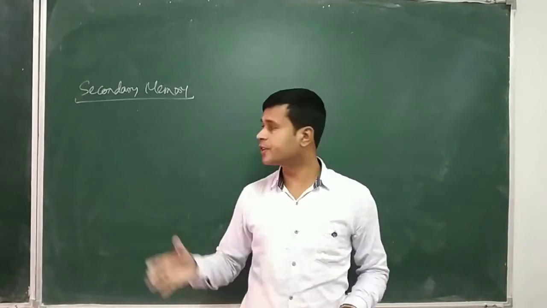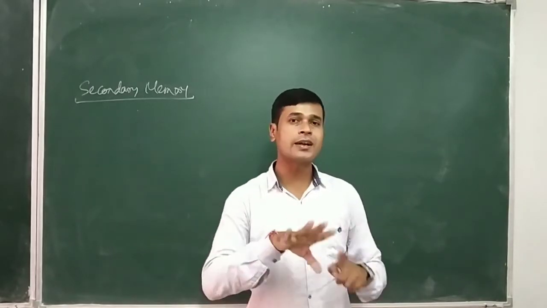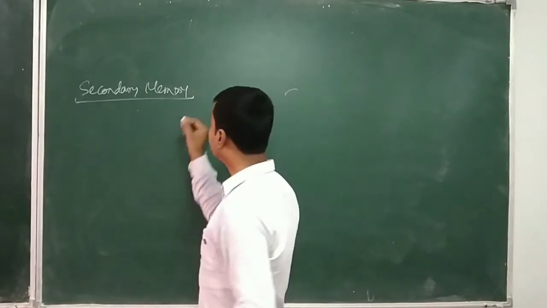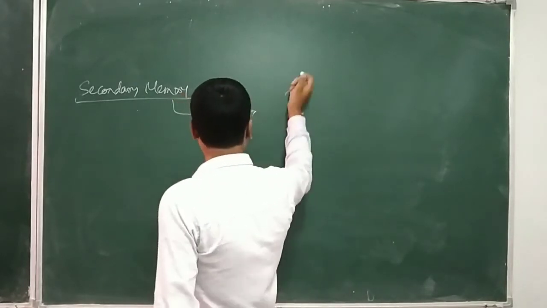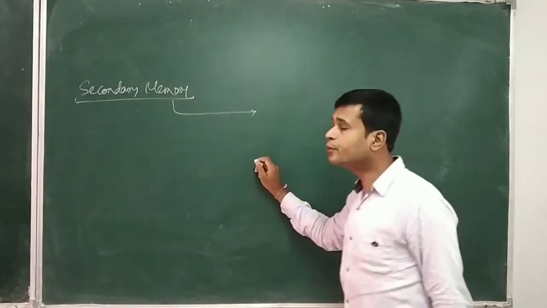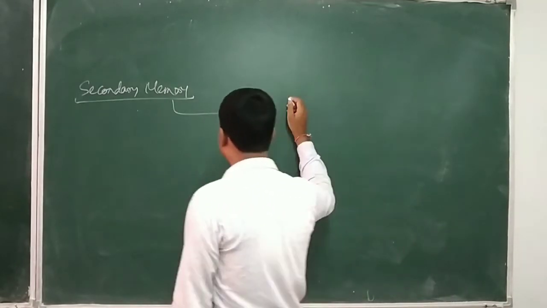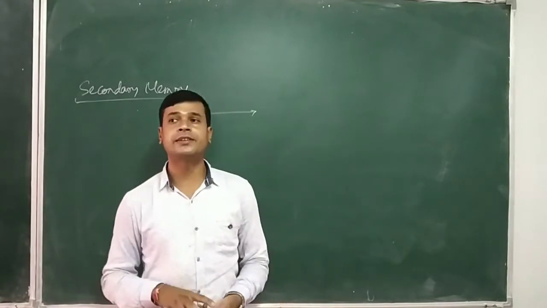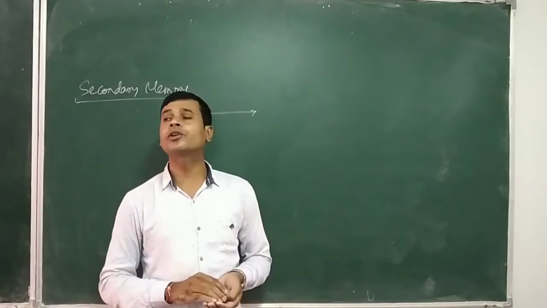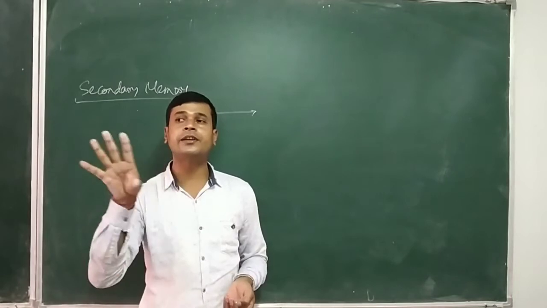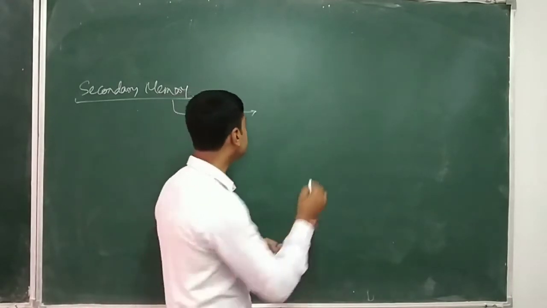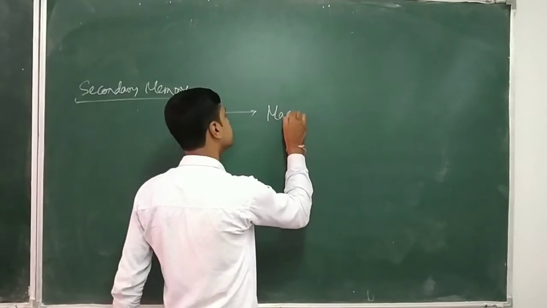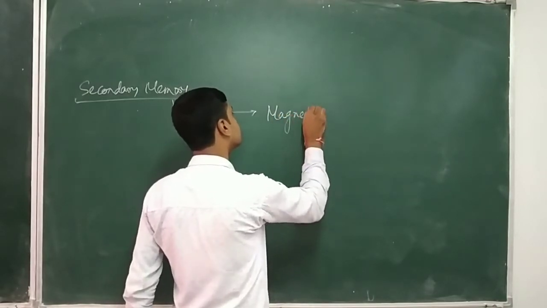The secondary memory devices are mainly divided into three types. Number 1 is the magnetic storage device.